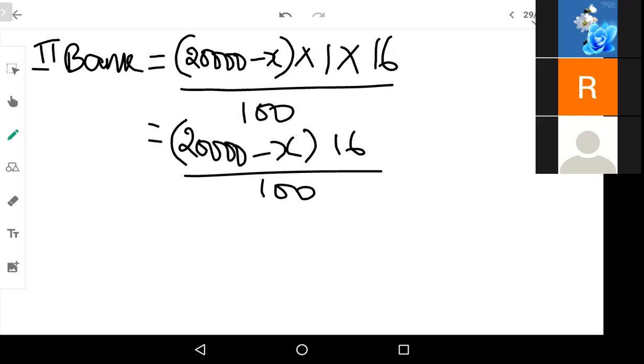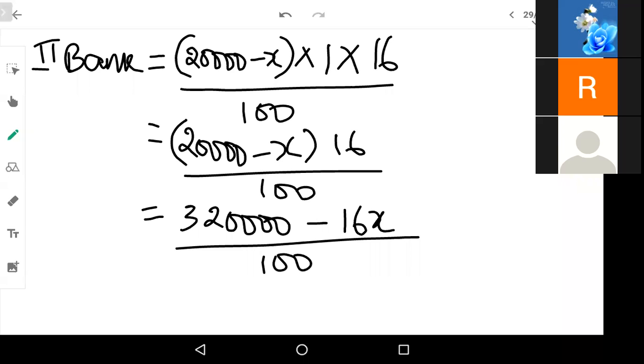So 20,000 into 16, how much do you get? 3,20,000 minus 16x divided by 100. 3,20,000 by 16x divided by 100.